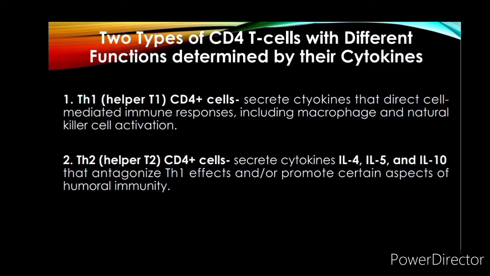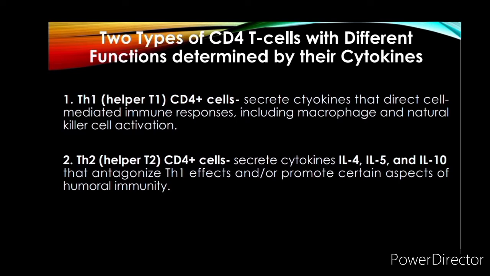First is the Th1, or helper T1, CD4 positive cells, which secrete cytokines that direct cell-mediated immune responses, including macrophage and natural killer cell activation. So these Th1 cytokines include interleukin-2 or IL-2 and interferon gamma or IFN gamma.